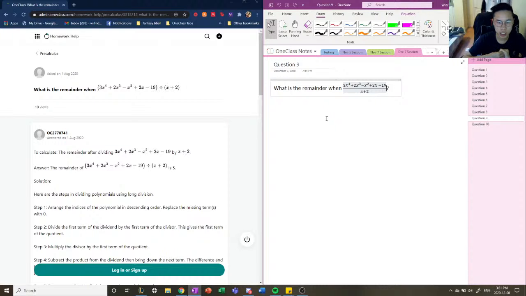But basically, the remainder of this quotient helps to signify that the divisor itself is not a factor of the division, right? So long division is basically a way to check whether or not the divisor is a possible factor of this polynomial.